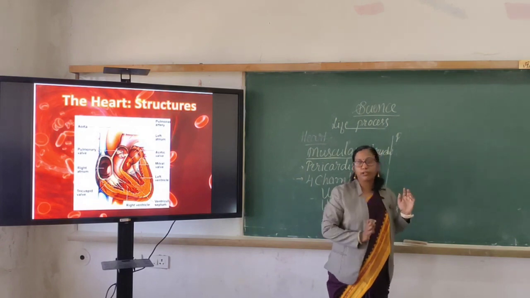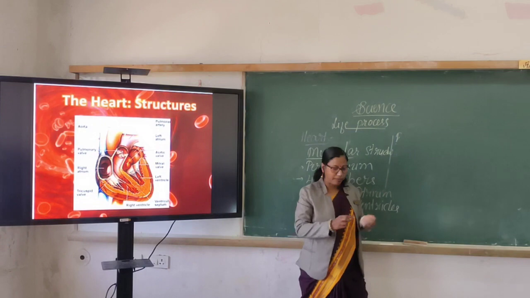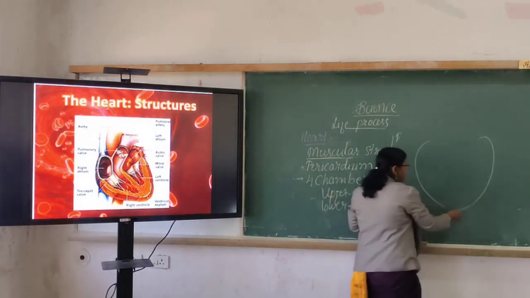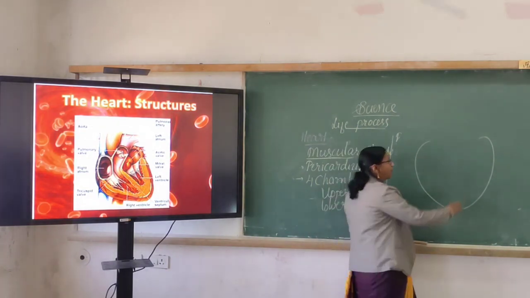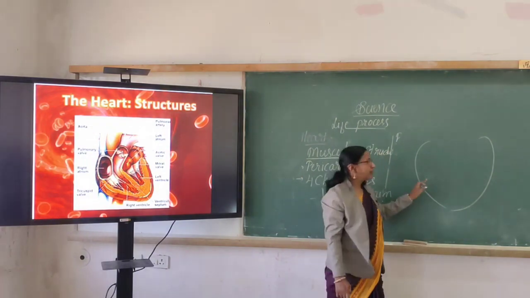Let us write all the parts one by one. Heart is a conical shaped structure made up of an outer layer called the pericardium.